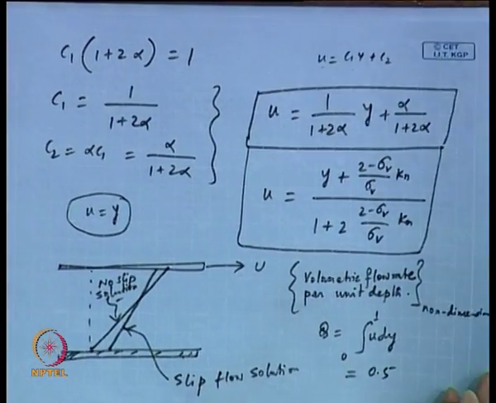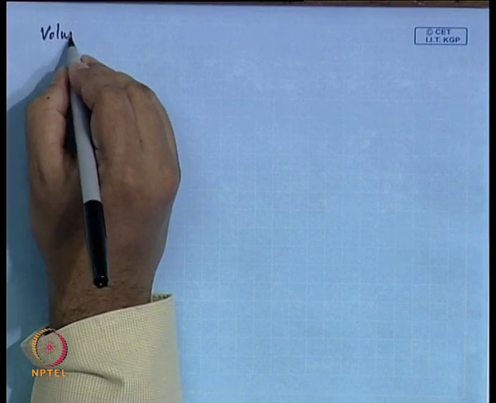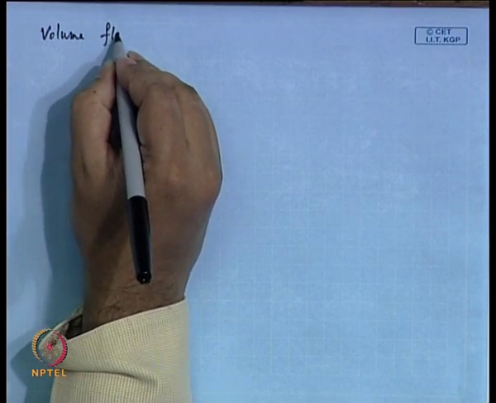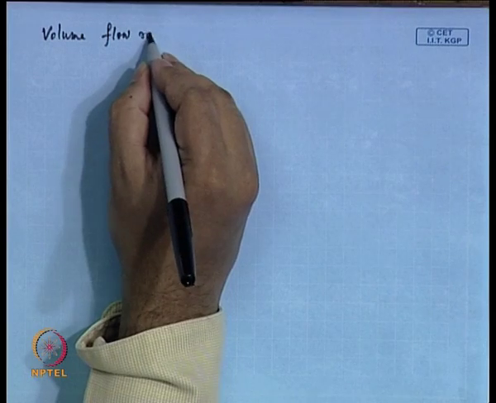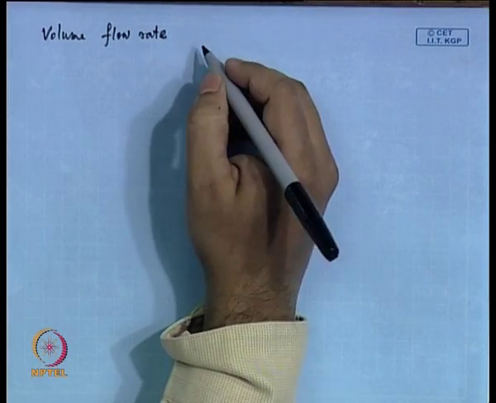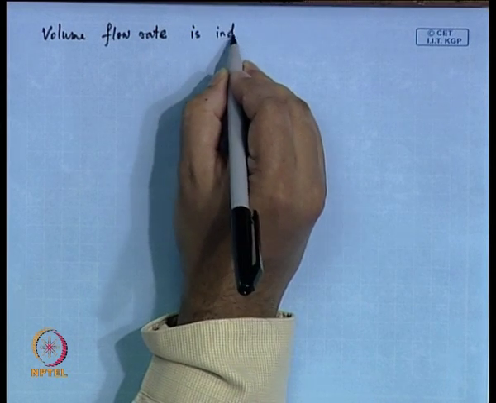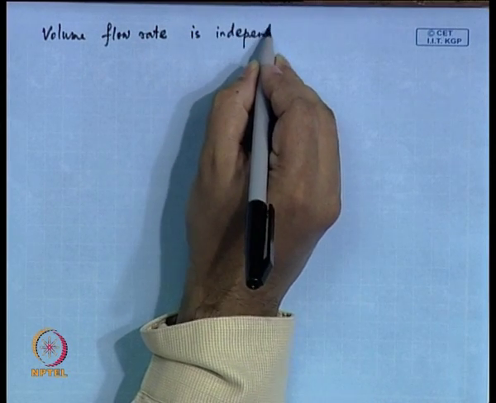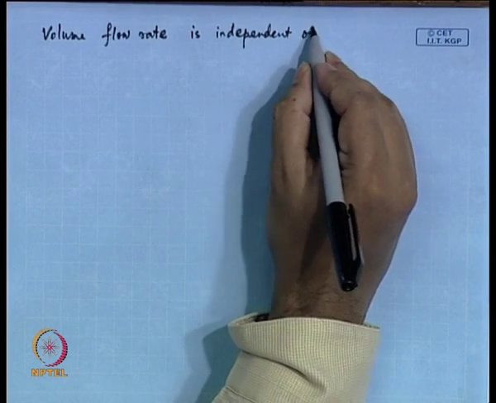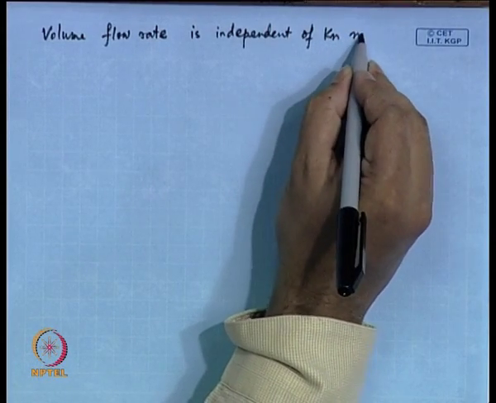Okay. So, that you need to do yourself. So, the conclusion that we draw is that the volume flow rate here is independent of Knudsen number.